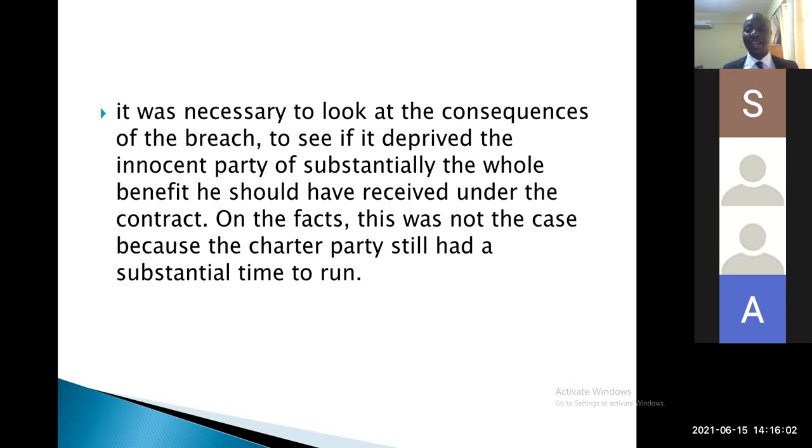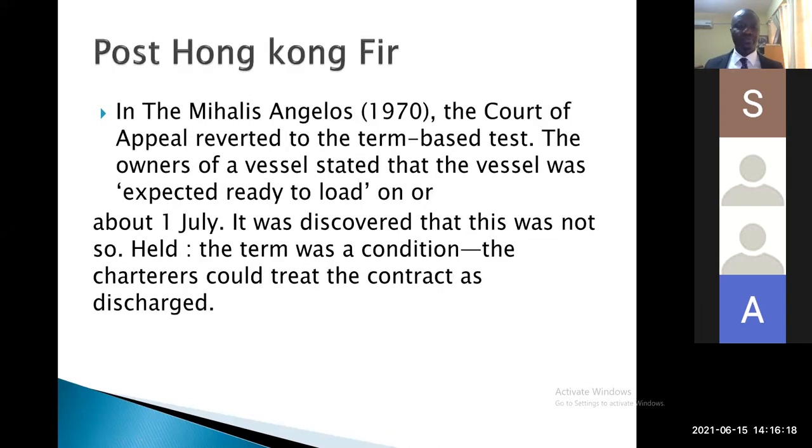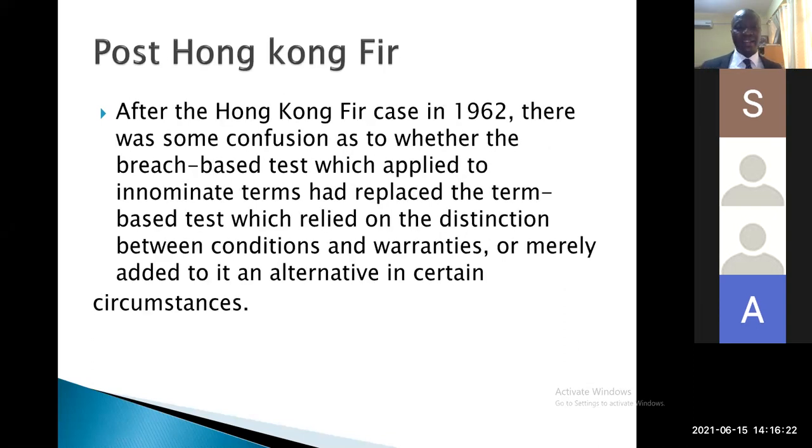Yeah, so we simply say that the Hong Kong Fir introduced what we call the wait and see approach in trying to determine the status of a term in a contract. So that is what we should keep in mind. But of course, the Hong Kong Fir case also introduced a bit of confusion.